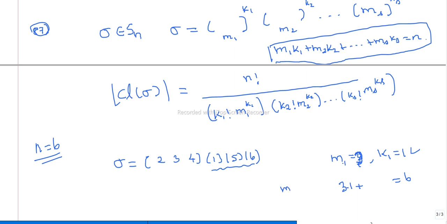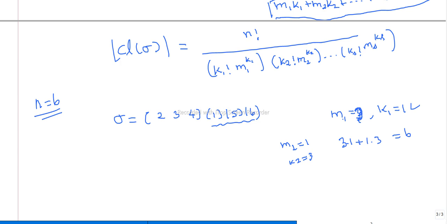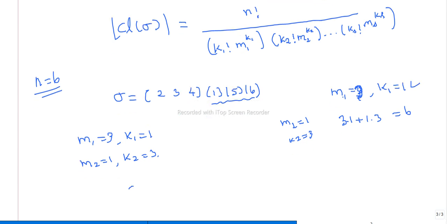So the total is 6. For m2 I am taking the 1-cycle, repeated 3 times, so 1 into 3 gives 3. So we have a 3-cycle appearing once, and 1-cycles appearing 3 times. Now substitute everything in this formula.